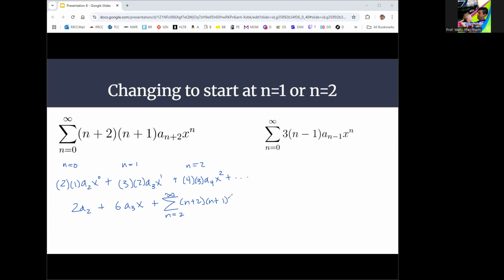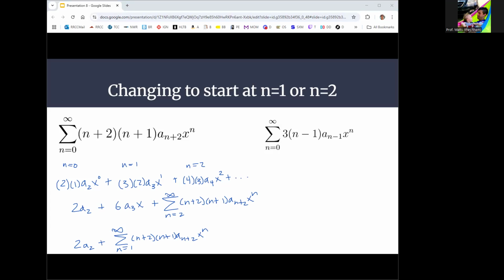I've just extracted the first two terms from the sigma notation and written them out front as individual terms. So those are all equivalent. Maybe I just want to take out the first one, then I would start my sum at 1 because it would include the n equals 1 term. You notice that the expression in the sigma notation is not changing. So those are all equivalent.